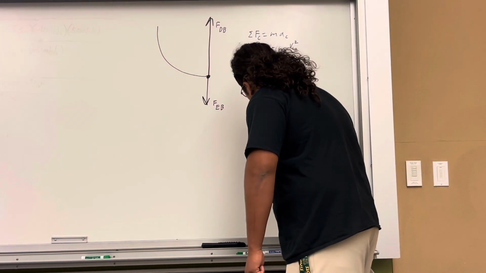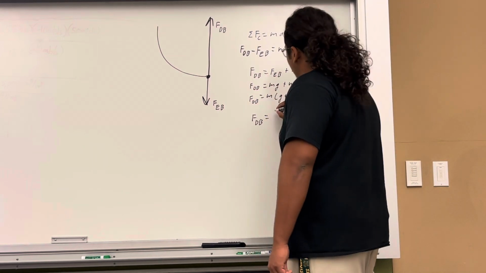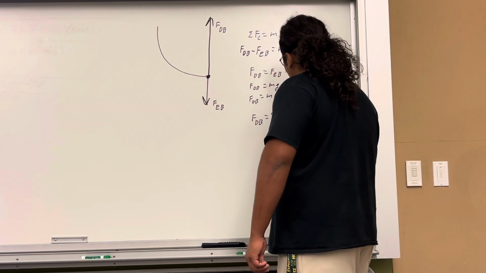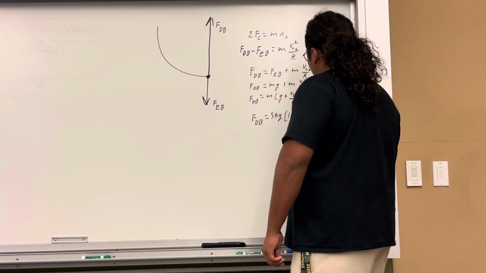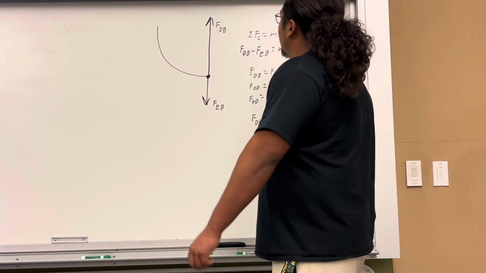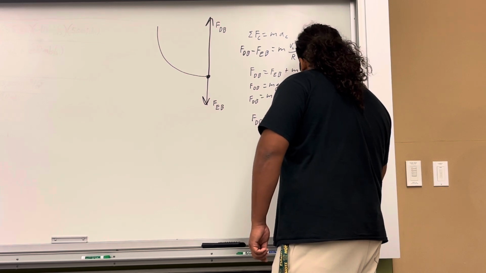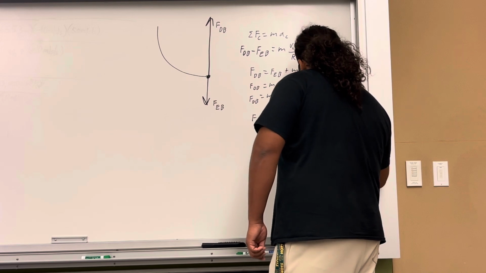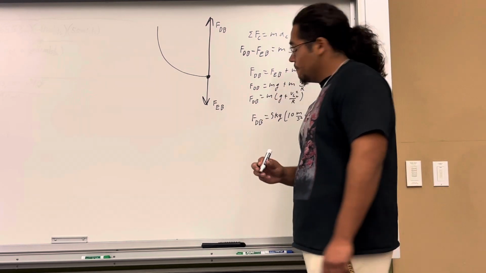So the mass would be 5 kilograms, because that's the mass of the ball, multiplied by gravity, which we'll round to 10 for this one, like we did before. And then we found the velocity from earlier, which would be 4.6 meters per second squared, divided by 1 meter.